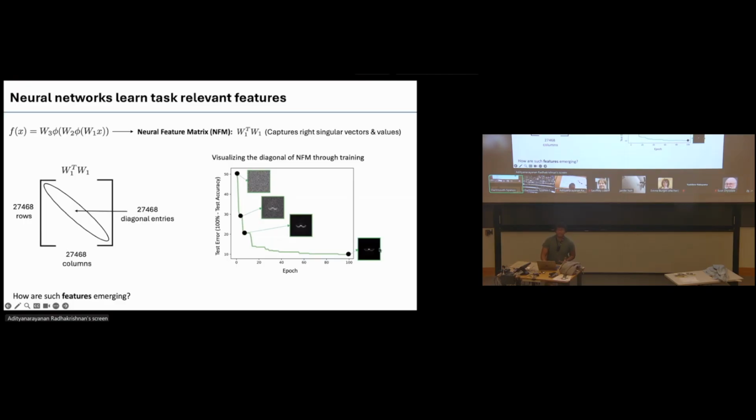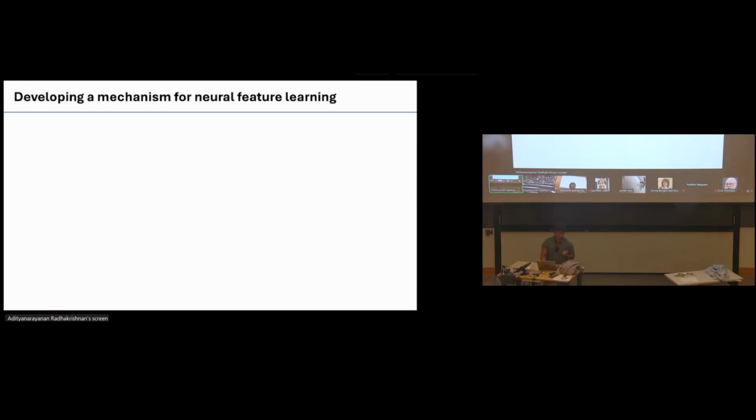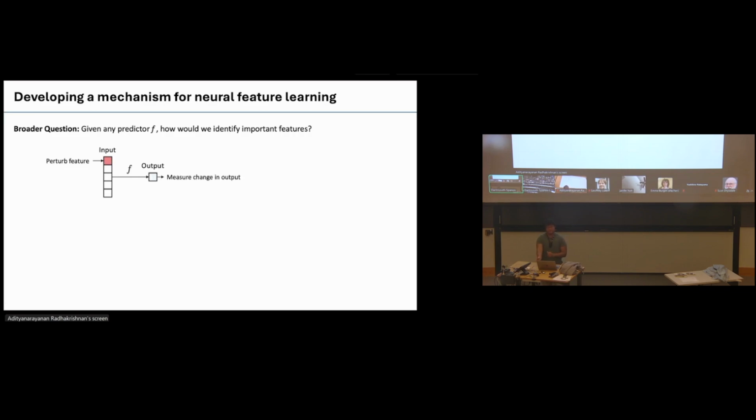So the question is, how are such features actually emerging? If we take a step back and ask a broader question, given any predictor f, how would you identify the important features? If I only have access to the input and output, I could do something very simple: perturb each of the features a little bit and see how the output changes.